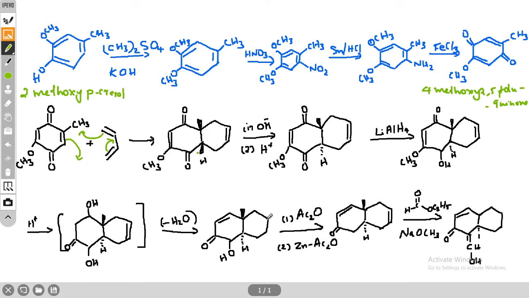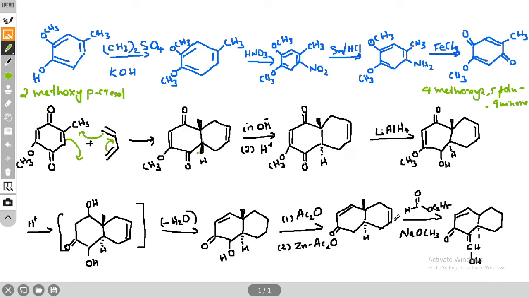It is treated with acetic anhydride for protecting this OH group, and then zinc and acetic anhydride. What happens is this OH is removed, and a reduction reaction takes place here. Then it is treated with ethyl formate and NaOCH3.